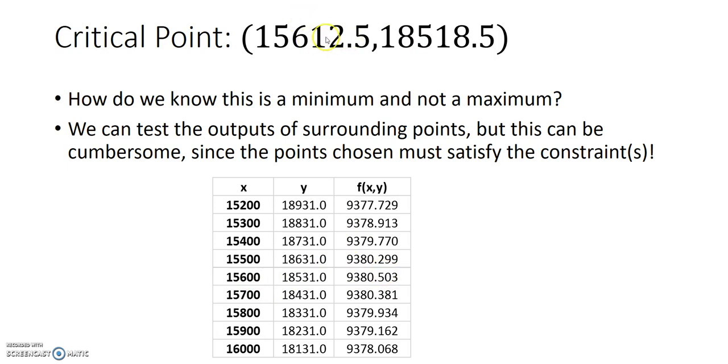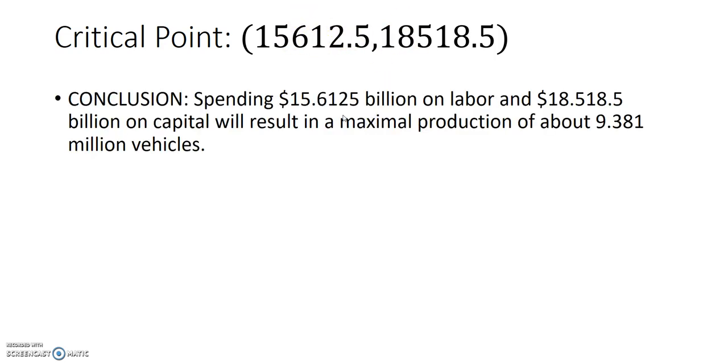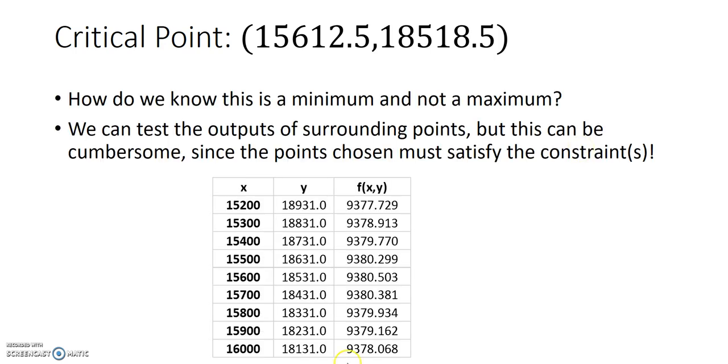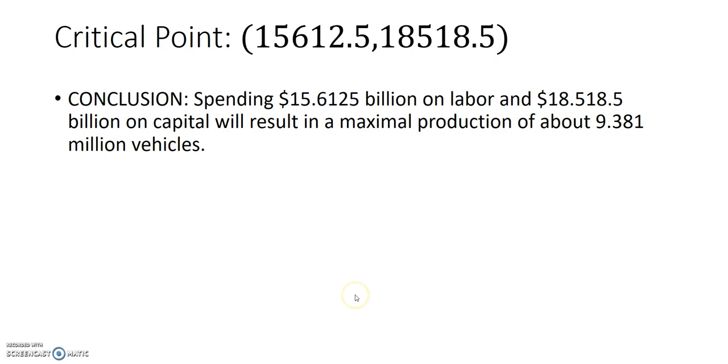But if I plug in the critical point, I will find that I can do a little bit better. It actually turns out to be 9,381.5 or something like that.